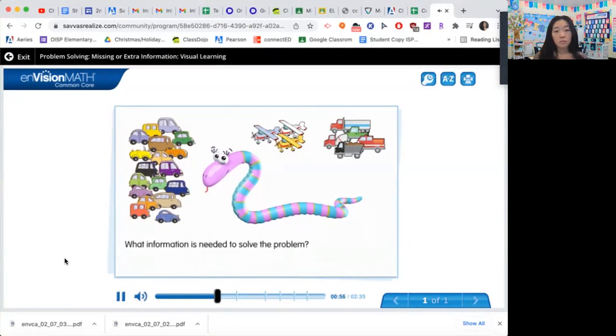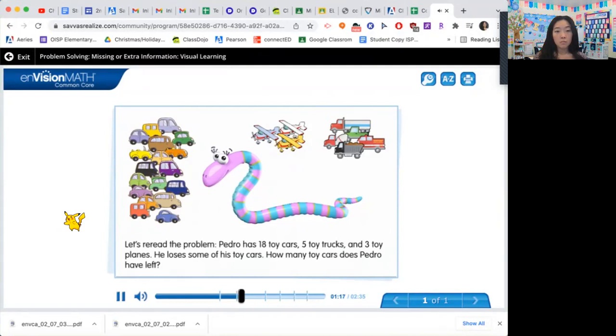What information is needed to solve the problem? You need to subtract the number of cars he loses from the number of cars he starts with. Solve, look back, and check. Do you have all the information you need? Let's reread the problem.